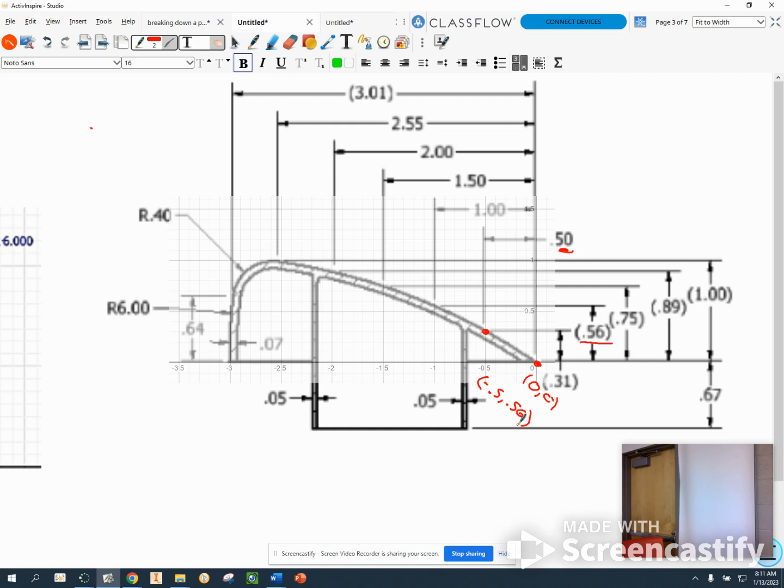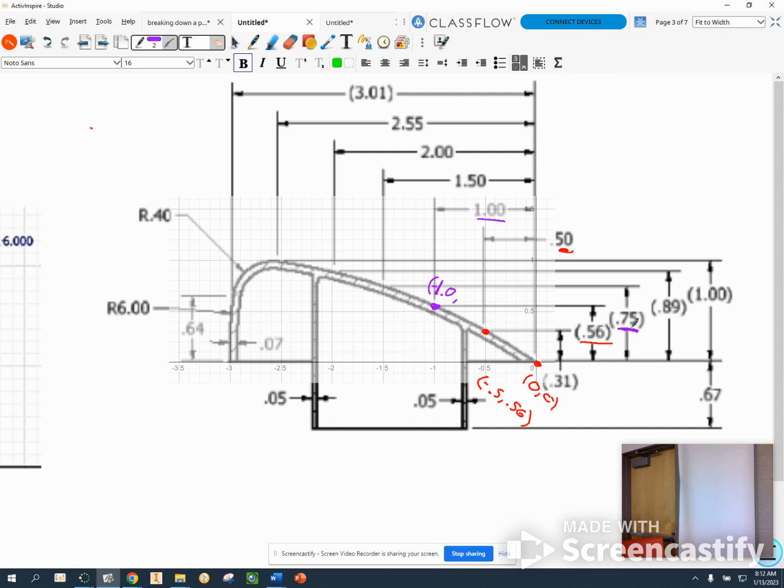All right, so I can look at another point, and right here, all right, so how far is this? That's 1.0, so this will be negative 1.0, comma, and how far is it up?